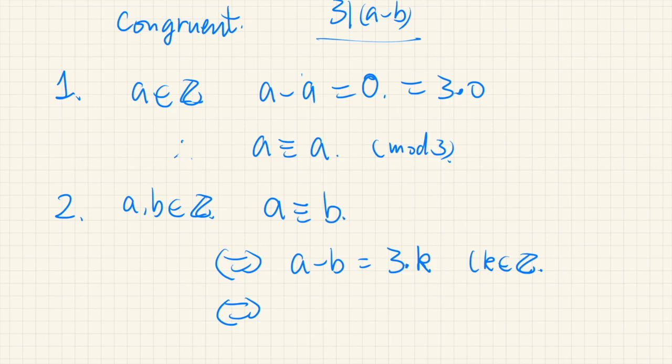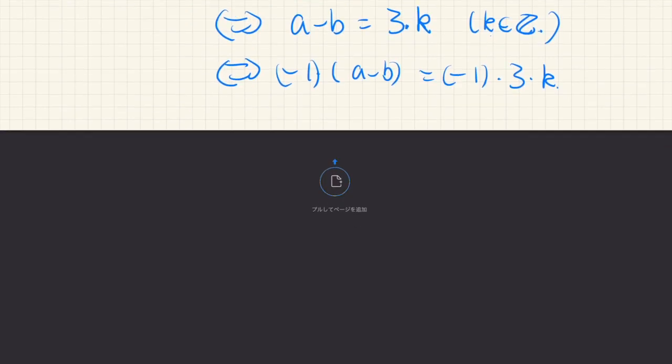If we multiply both sides by -1, let's write it step by step: -1 times (a minus b) is equal to -1 times 3 times k, where k is some integer.